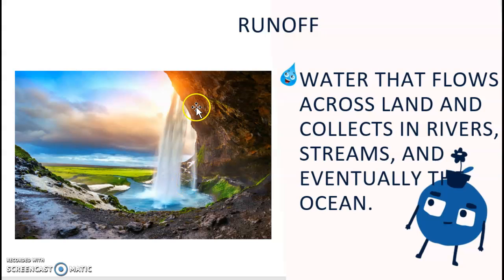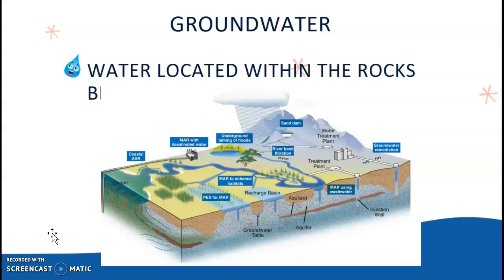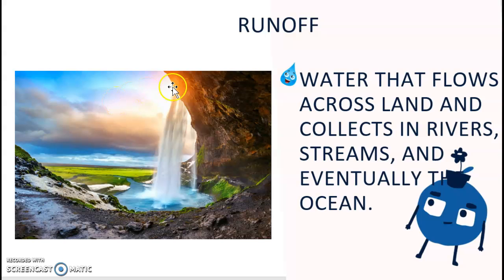So from precipitation, it reaches the surface of the earth, and this water will always find its way to a body of water. So it will be part of the rivers, the streams, and the end of which is in the ocean. This water on the surface of the earth will also find its way to go down.